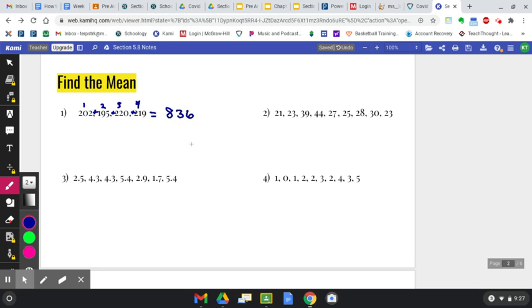Okay, so that's the sum of my data points. Now, to find the average, I have to divide that by how many entries there were, and there were 4 that make up that 836. So my average, or my mean for the set, is going to be 209. Notice that falls between 195 and 220.